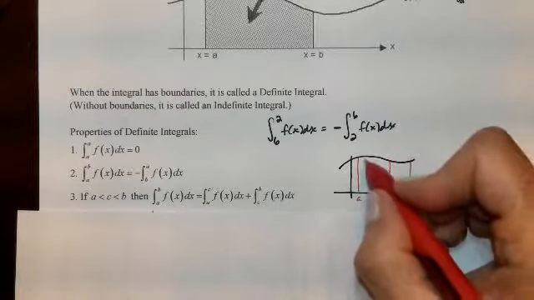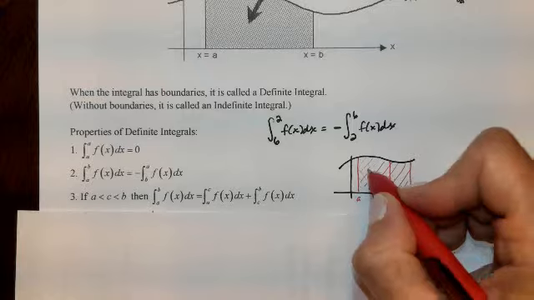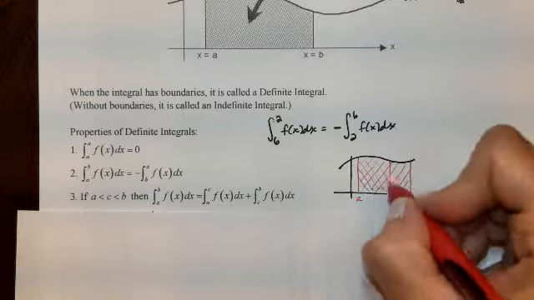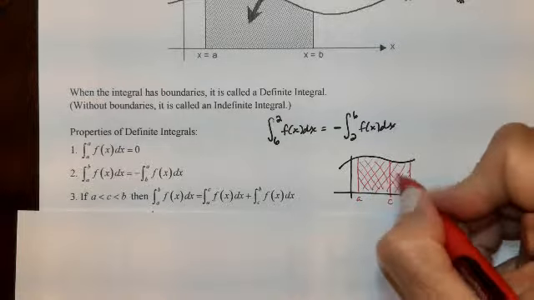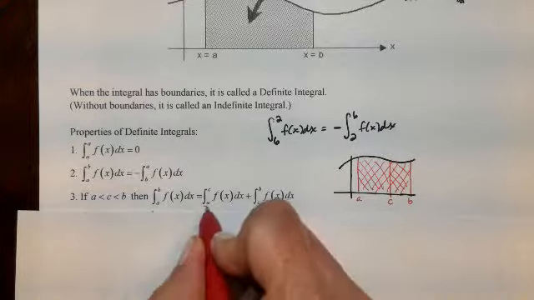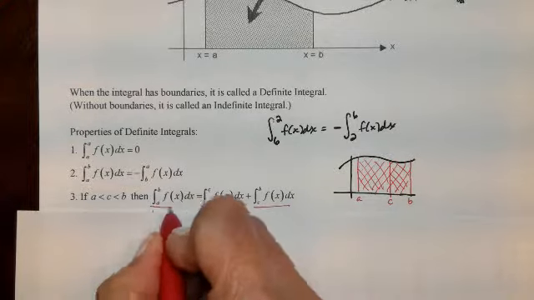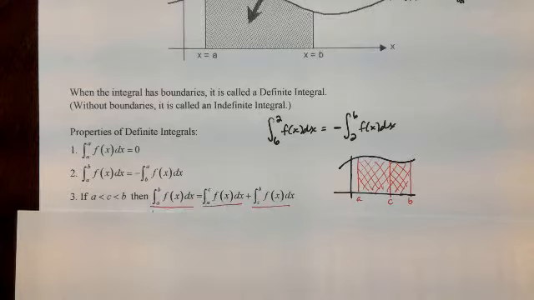It makes sense that the area of the entire thing is equal to the area from a to c plus the area from c to b. That's all it means. The two areas will add up to the entire area, right?